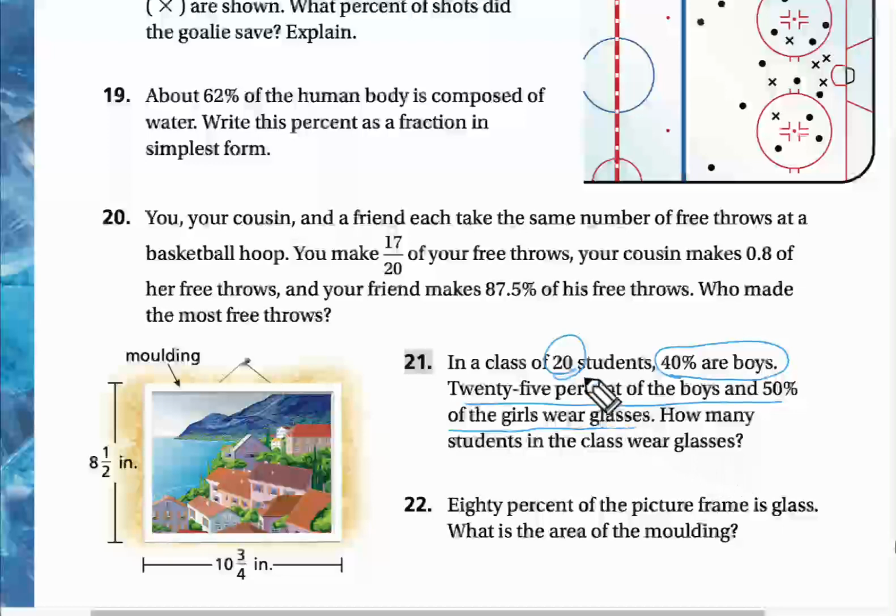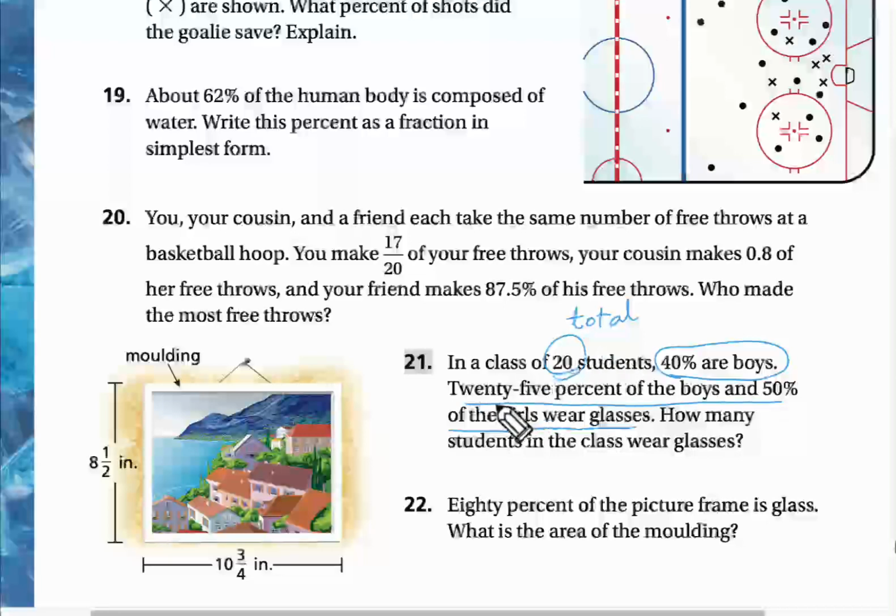We have 20 students in the class in all. So this is the total. And 40% are boys. We need to find how many boys, right? Yes. And if we know how many boys, we can get how many girls. So we can get the number of boys and girls in the class.